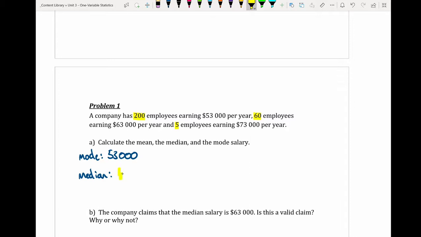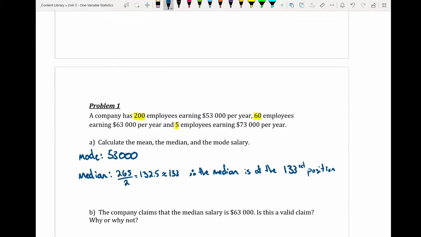So we're going to solve this one a little bit differently. So 265 divided by 2 equals 132.5, which will round to 133. So therefore, the median is at the 133rd position.